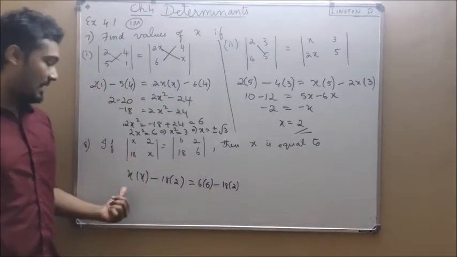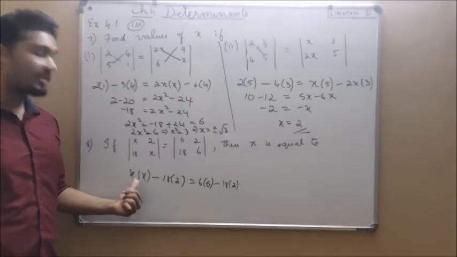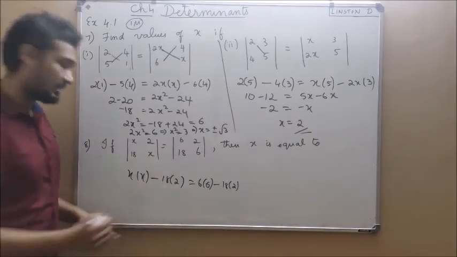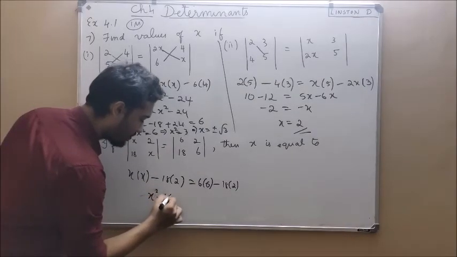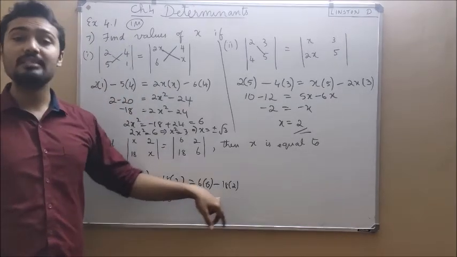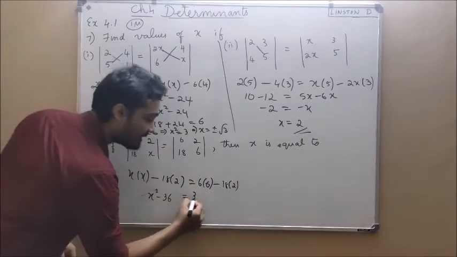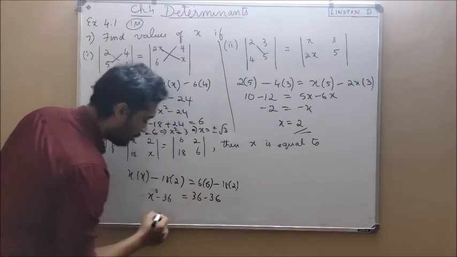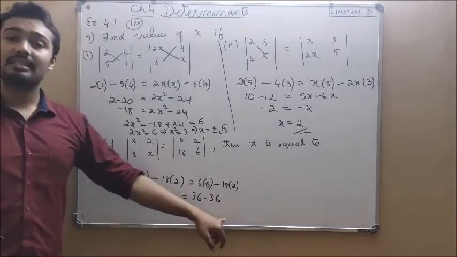So this becomes x into x is x square minus 18 into 2 is 36. 6 sixes are 36, 36 minus 18 into 2 is 36. So 36 minus 36 is 0.